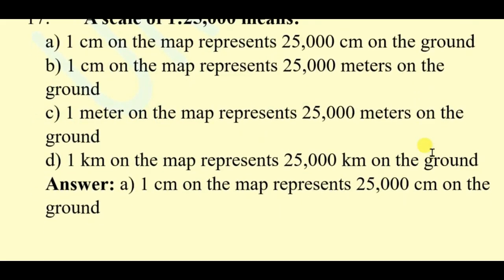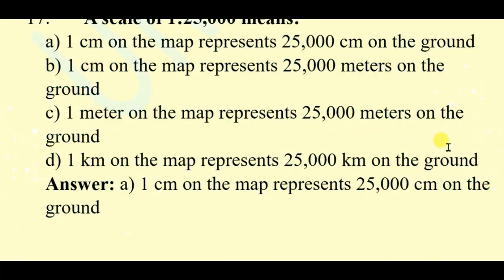Question number 17. A scale of 1:25,000 means: 1 cm on the map represents 25,000 cm on the ground; 1 cm on the map represents 25,000 meters on the ground; 1 meter on the map represents 25,000 meters on the ground; 1 km on the map represents 25,000 km on the ground.